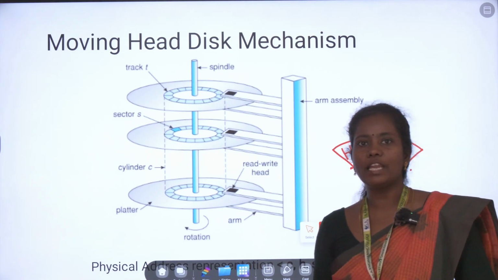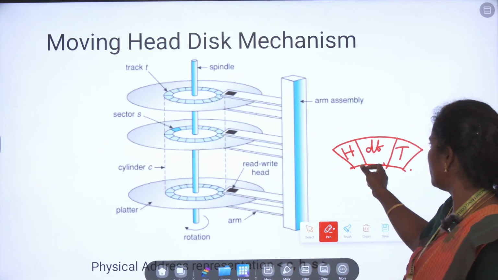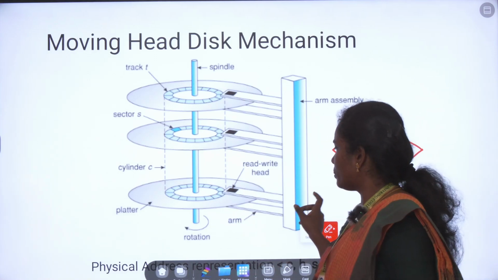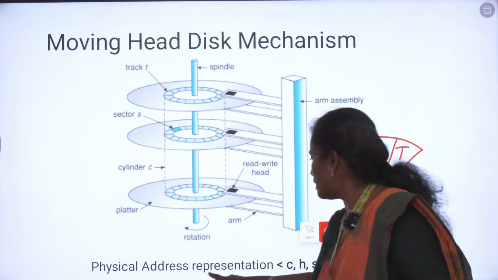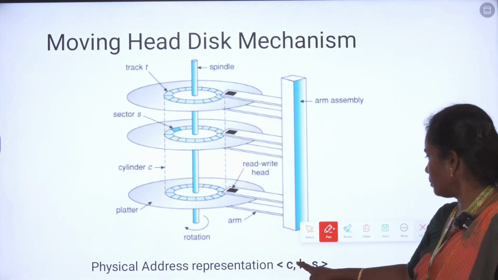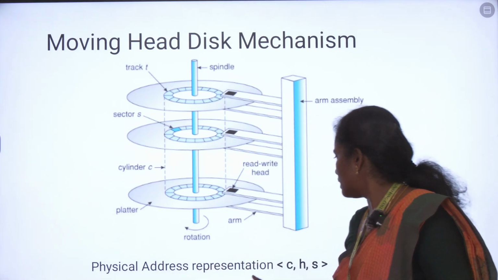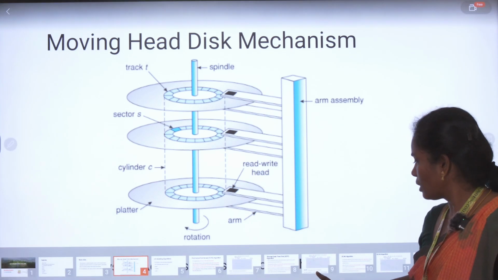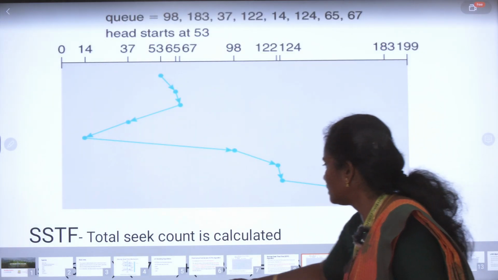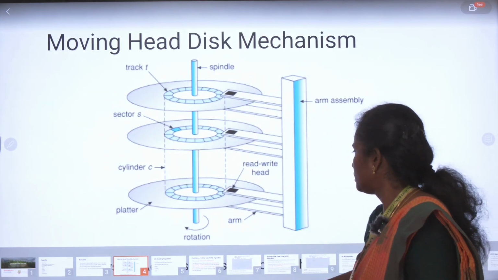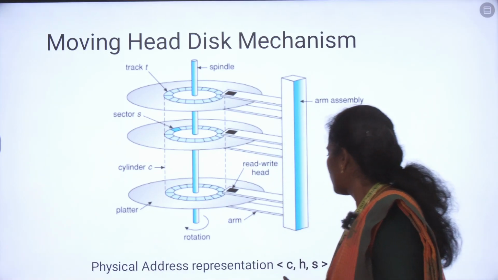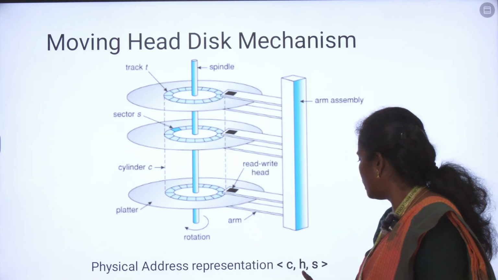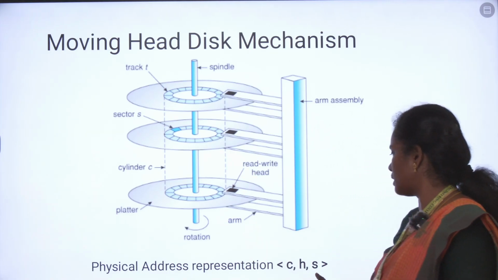The header contains the starting address of the data, and the tail contains the ending address of the data. Usually the physical address is represented using the cylinder number, then the surface number, and then the sector number.